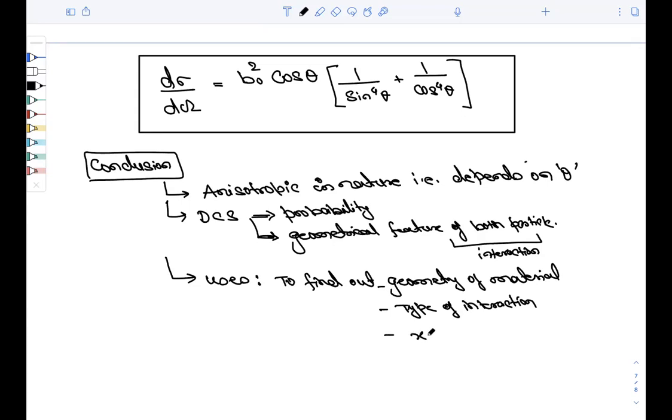So also you can talk about it being useful in excess scattering, right?